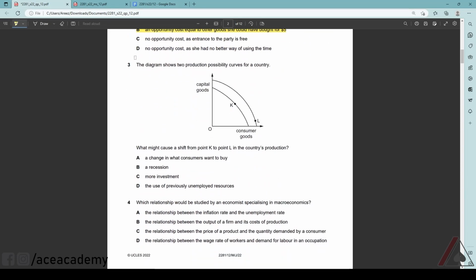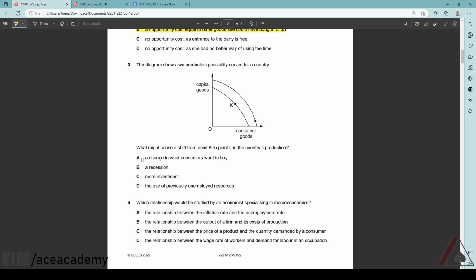Number 3. The diagram shows two production possibility curves for a country. What might cause a shift from point K to point L? So this is the initial curve, and this is the curve after there has been a shift. So there was an outward shift, or a rightward shift, going on.